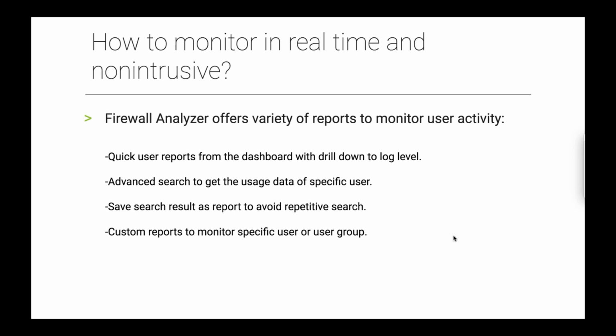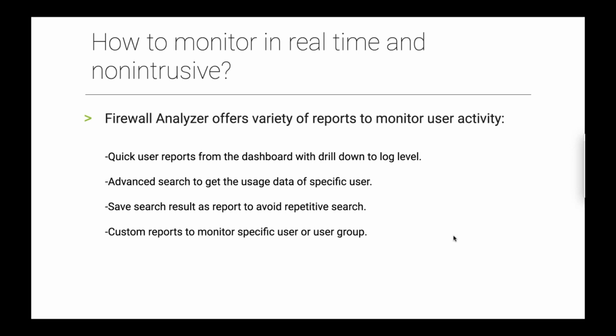When you do the search in the raw log, you can also save that result as a report profile so that next time onwards, when you try to do analysis on that kind of activity, you need not search that again. So repetitive tasks will reduce by saving these search results as report profiles.